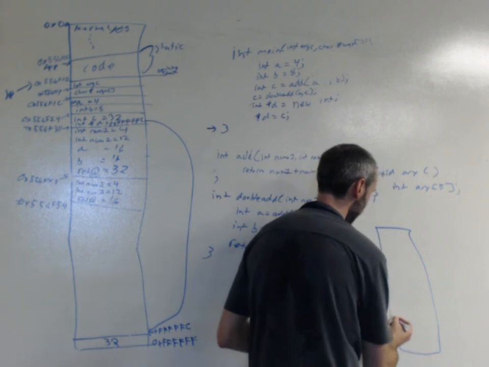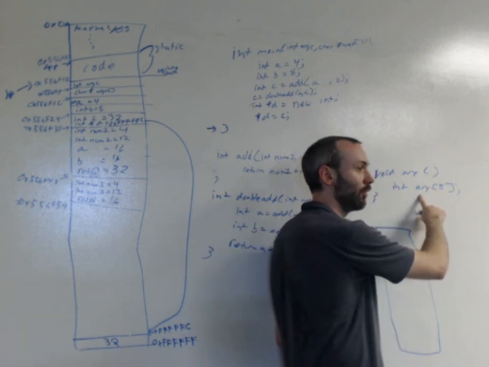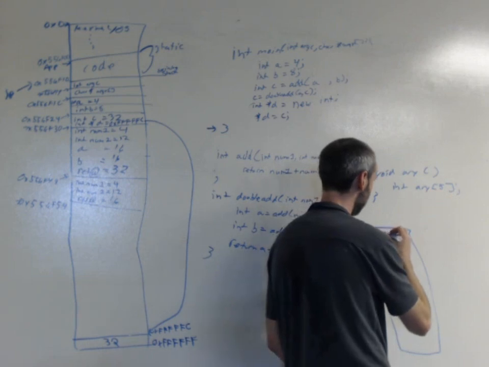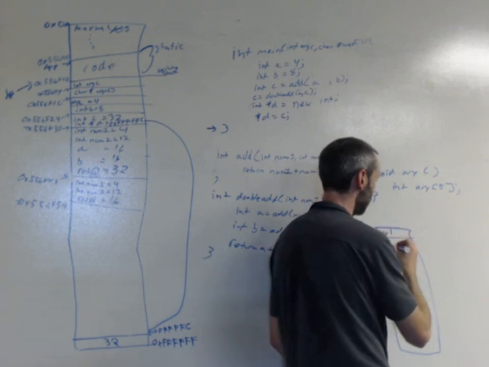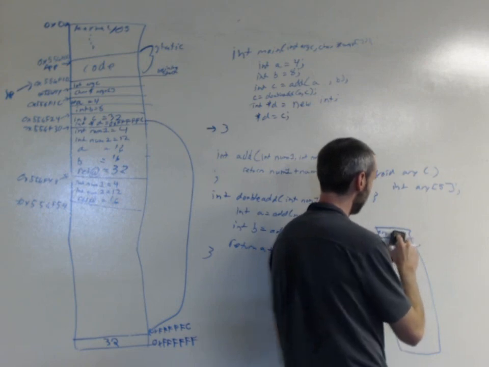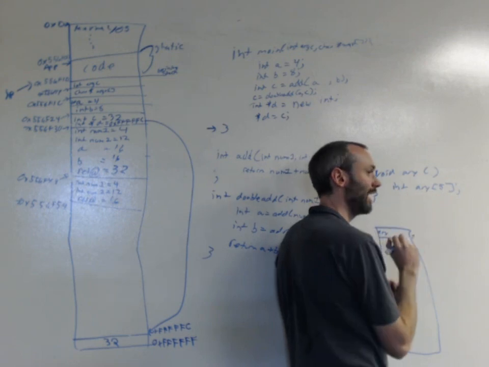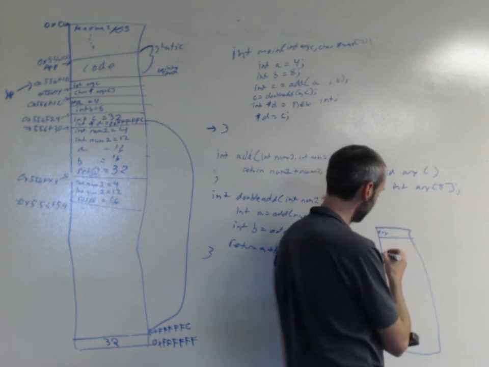What you have to understand, and it's a little confusing, is since you have the double brackets, ARY is a pointer. What is it pointing to? It's pointing to 5 integers that are also allocated on the stack.